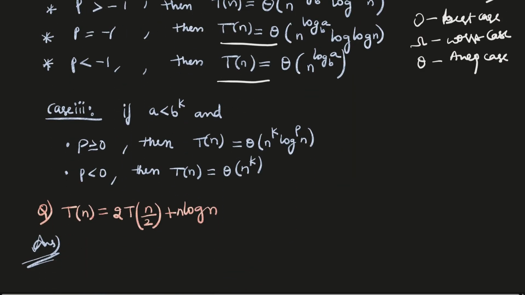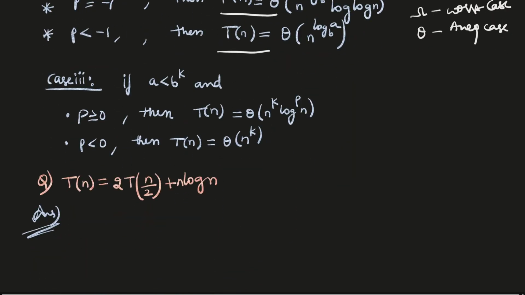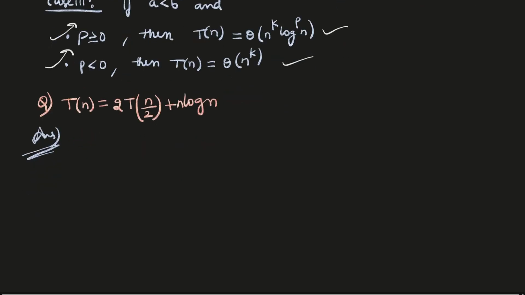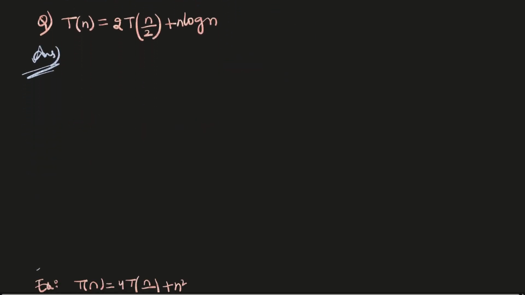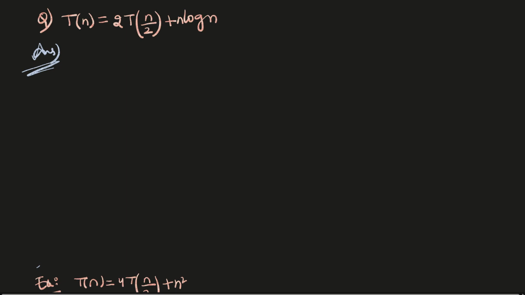If you come to case 3, that is a less than b power k, then again we have two more conditions to check, that is of p. If p is greater than or equal to 0 or less than 0, then these would be their respective time complexities. Now let's understand this using some examples.